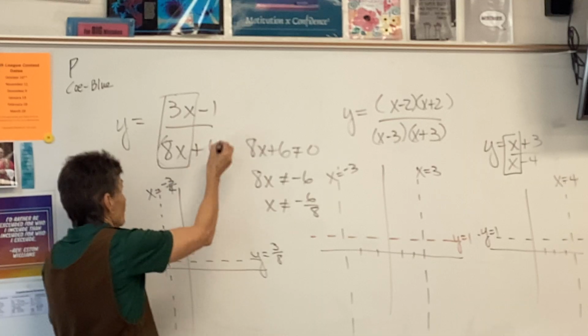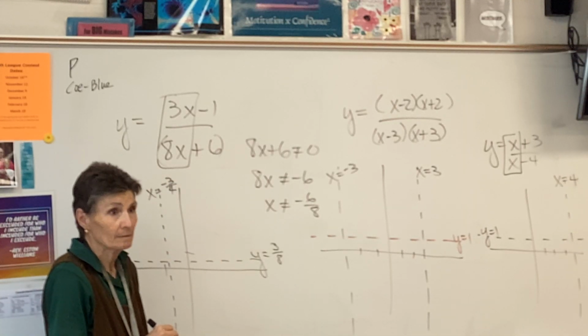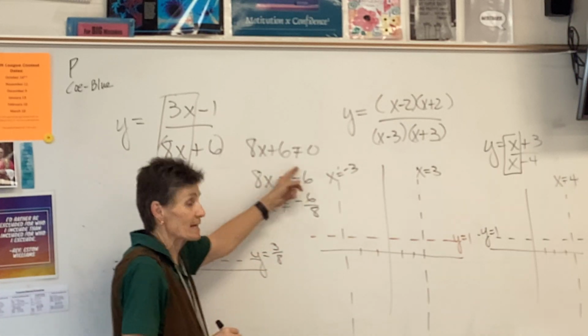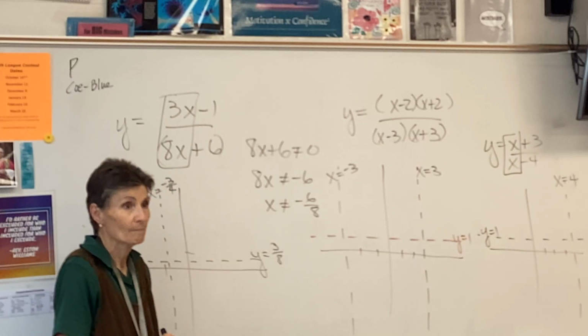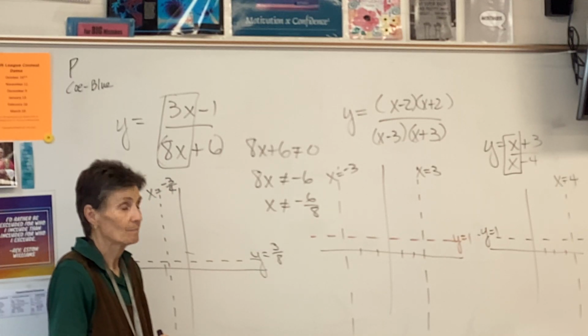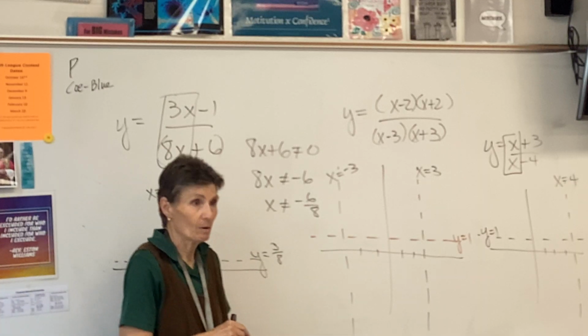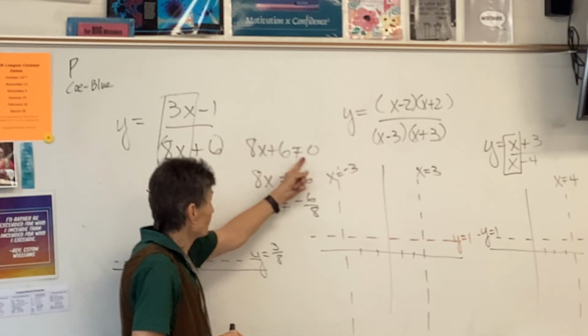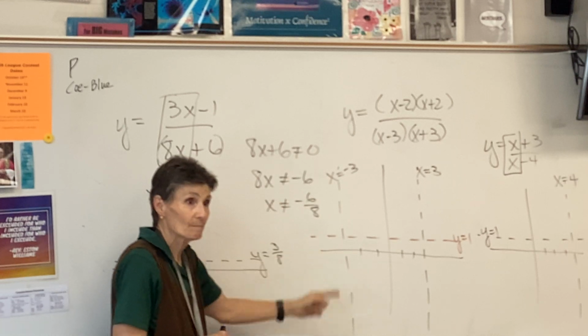Because this is like a parentheses, it's always gonna be opposite. Okay. So to find your asymptote, set it equal to 0 and solve it, and whatever comes out, that's what it is. Denominators cannot be 0. So my denominator cannot be 0, so I subtract 6 and divide by 8.